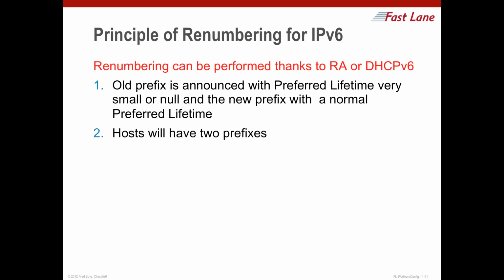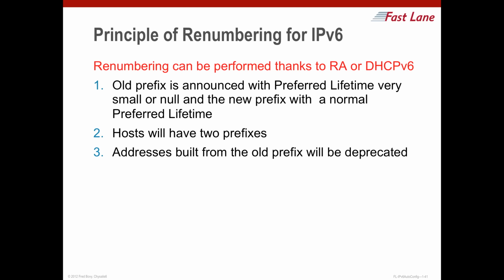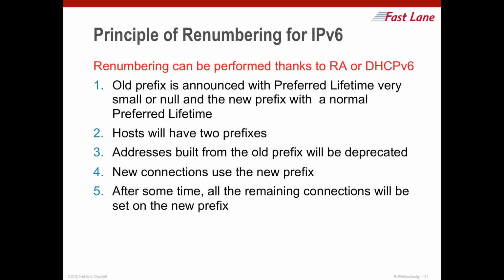It can remain like this for a few days to make sure that all the existing connections may die, and then you stop advertising the old prefix, which is going to completely die, and hopefully the new prefix will be used and the old one will not be used anymore. If it is done smoothly, then the transition is done without any breakage.